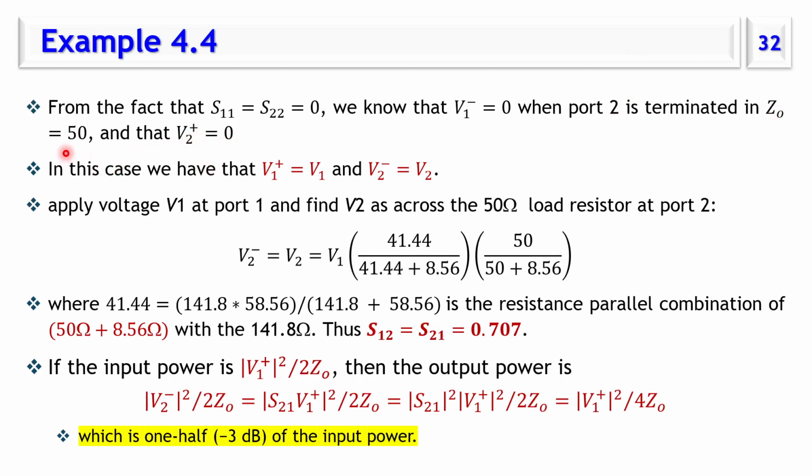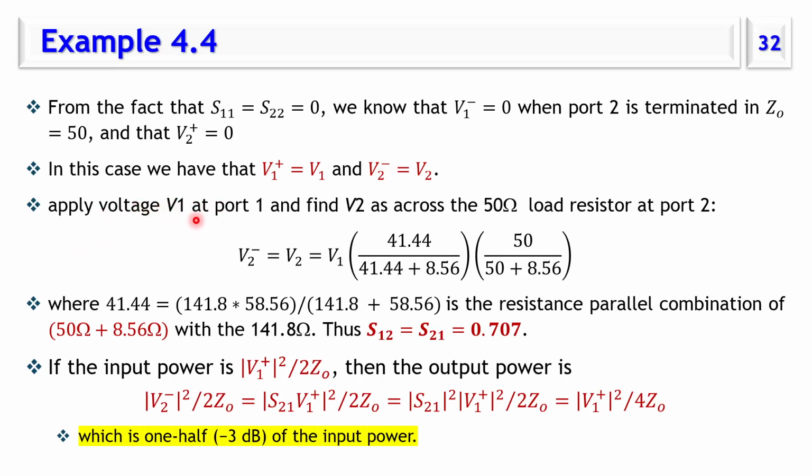Under this condition, when port 2 is matched with 50 ohm, V2 plus will equal 0. In this case we have V1 plus equal V1 because there is no reflection. S11 equals 0, so V1 negative in this case would equal 0, so V1 plus equals V1. And there is no V2 plus in this case because it's matched, so V2 will equal V2 negative.